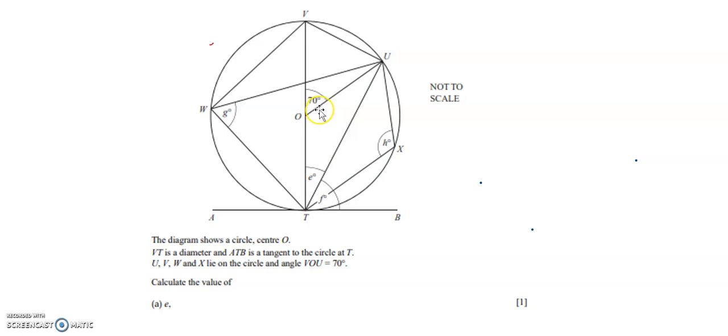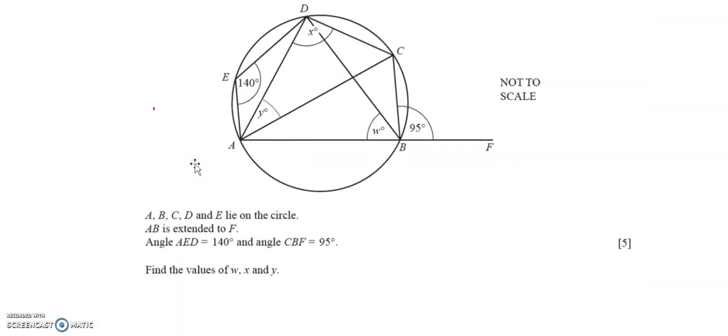We're remaining with 70, so this is 35 degrees. So you can see that we are almost getting all the angles here. Can you get all the other angles? And also try question 2.